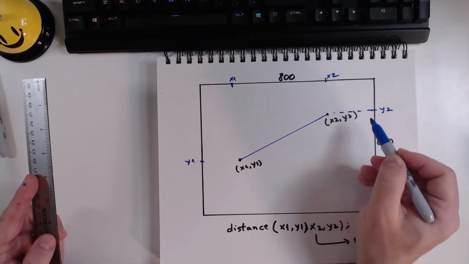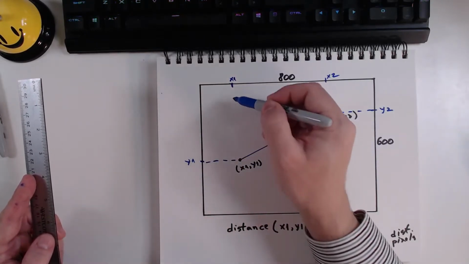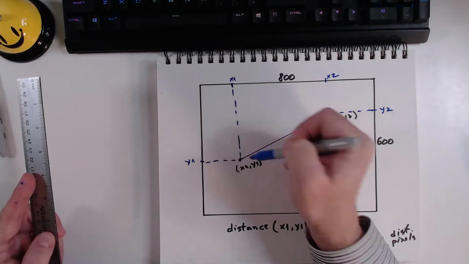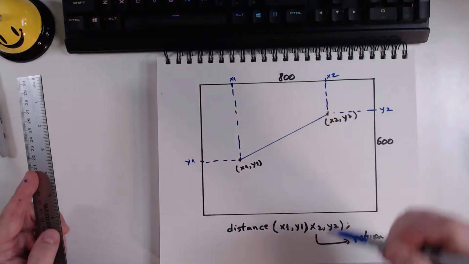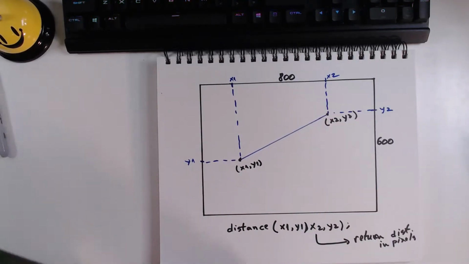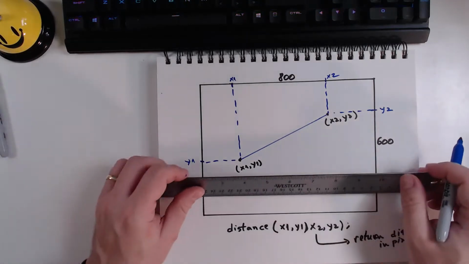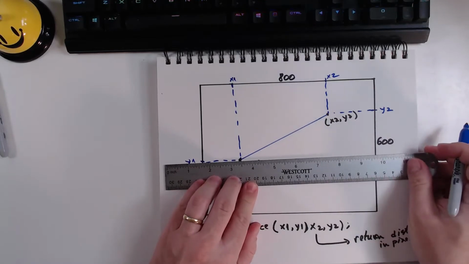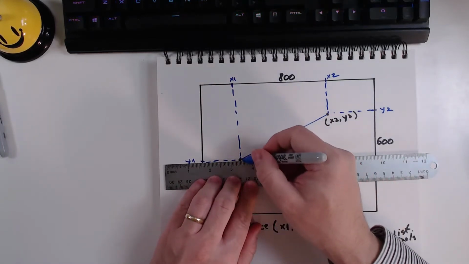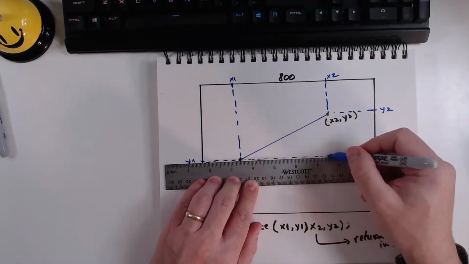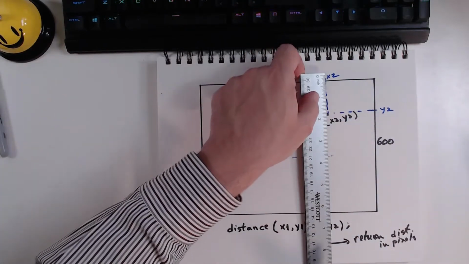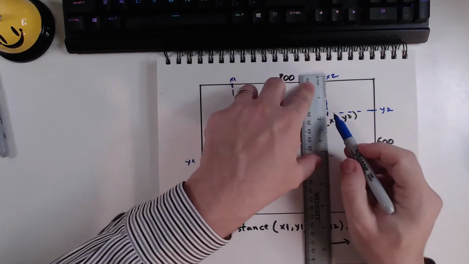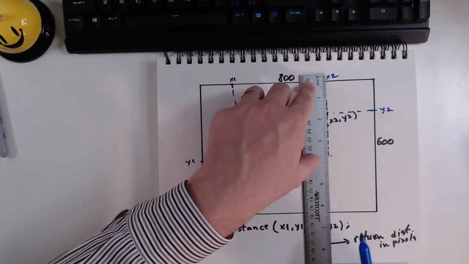So if we do it like that, we'll have these coordinates there. And the way we're going to find the distance is using some very simple math from elementary school. Let's suppose this one is a right triangle, and it actually is.